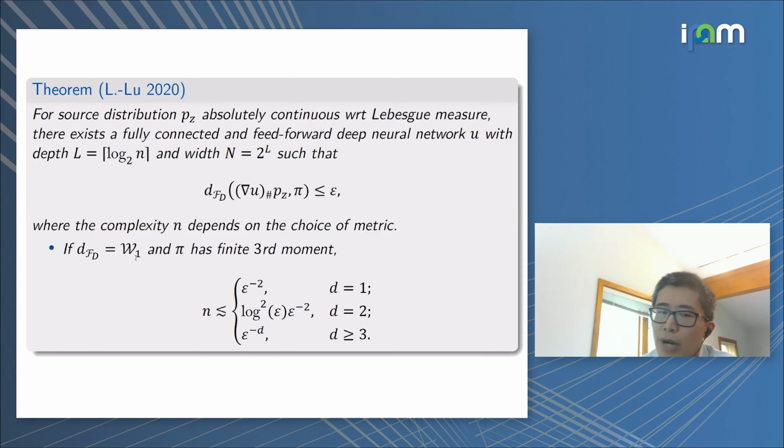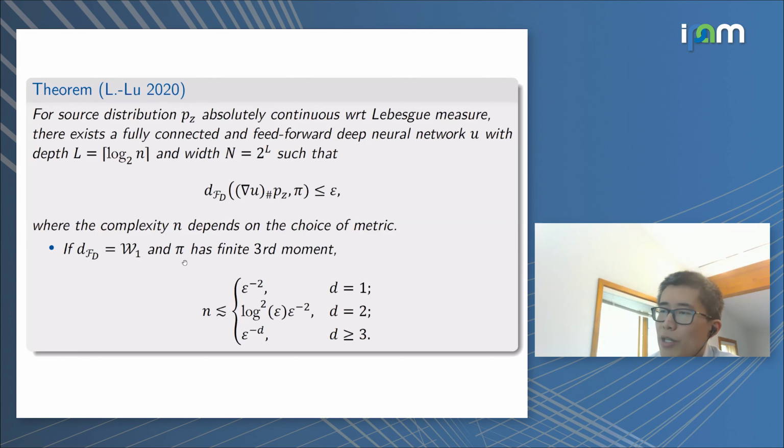And it's not surprising that in our context of the generative model, we are also facing the curse of dimensionality. For some technical reasons, we need to assume pi has a finite third moment, but this is just a technical assumption. And then what you get is this rate. Essentially, n is epsilon to the minus d, so this is super large when epsilon is small and when d is large.